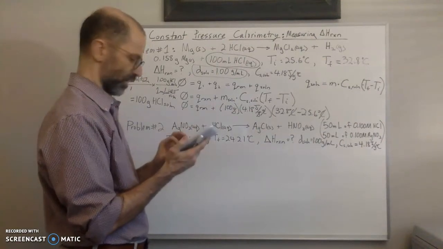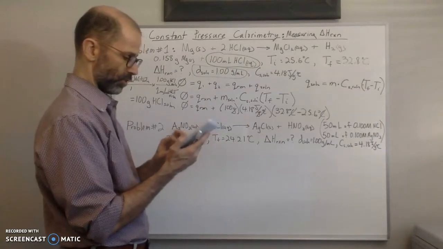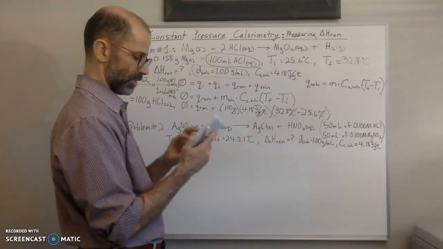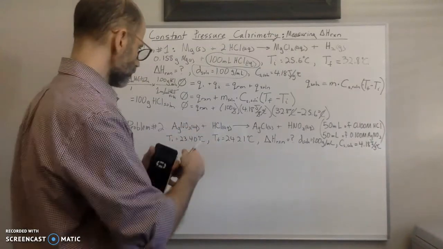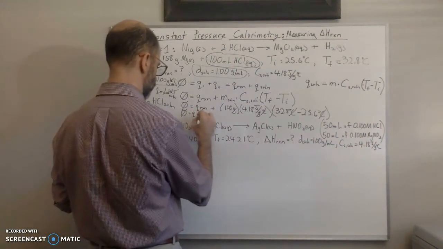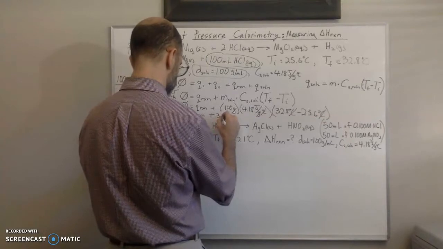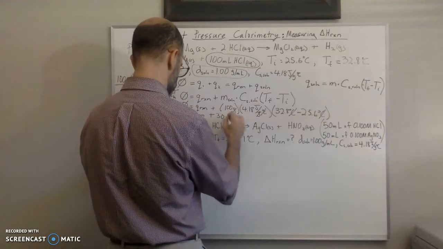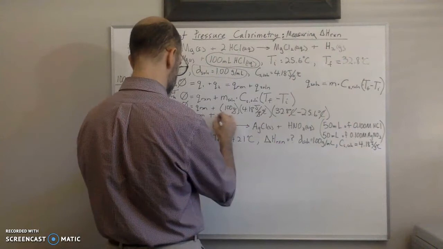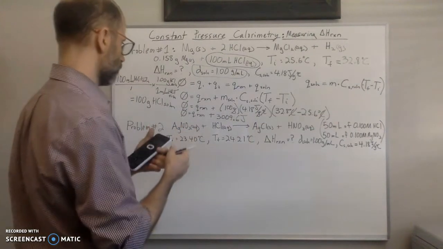So 100 times 4.18 times 32.8 minus 25.6 equals, and here we get 0 is equal to Q of the reaction plus 3009.6 joules of energy.